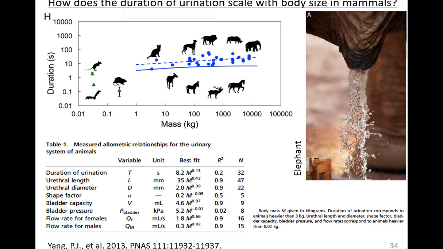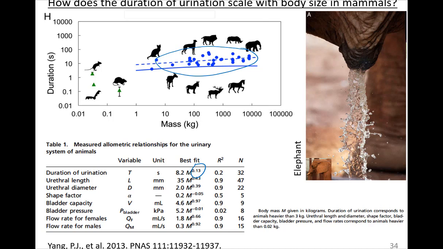So it looks like basically mammals all pee for about the same amount of time. And this made some newspaper headlines when it came out in 2013, 2014, basically saying that all mammals pee for 21 seconds. If we look at the scaling exponent, it is slightly greater than 0, so it's not quite true. And of course, for any allometric relationship like this, there is some variation.